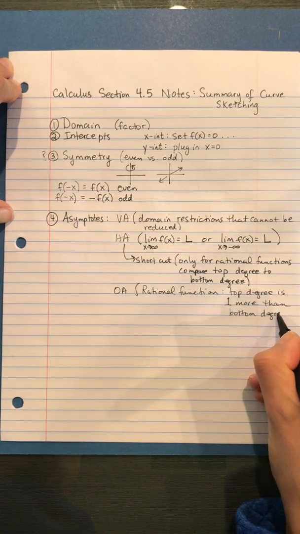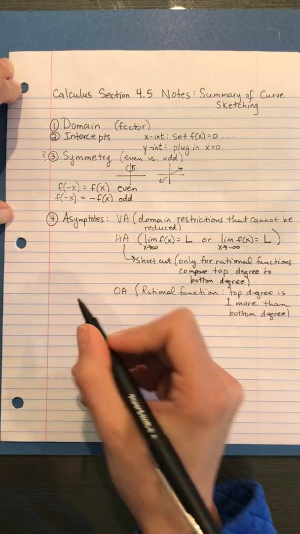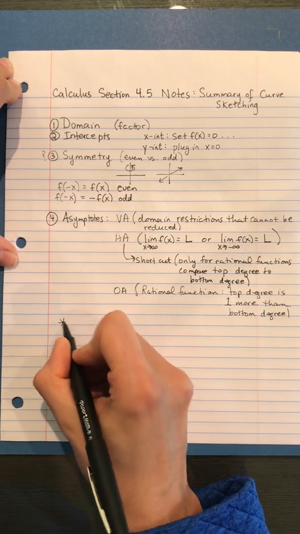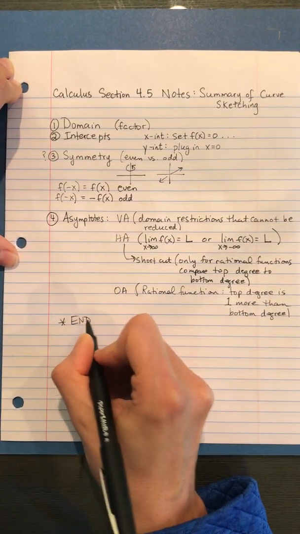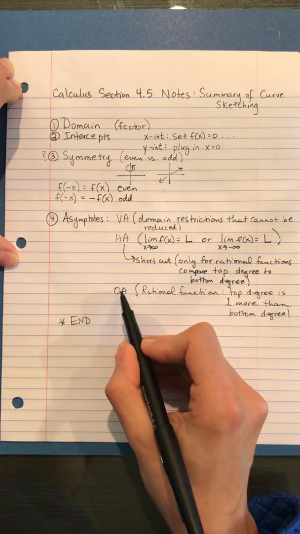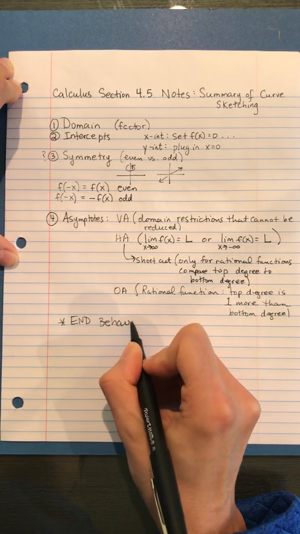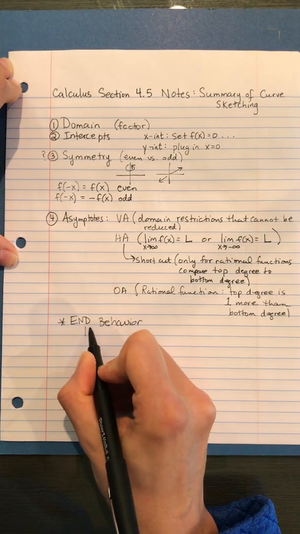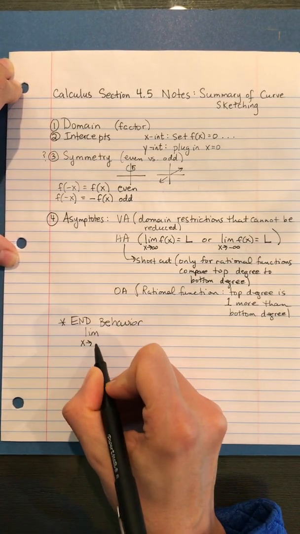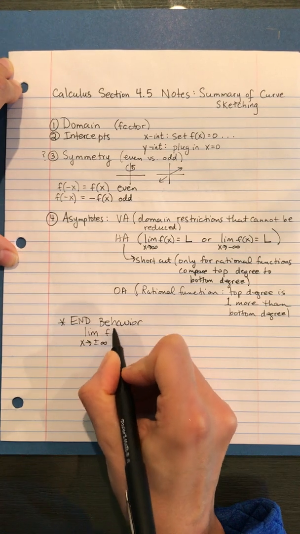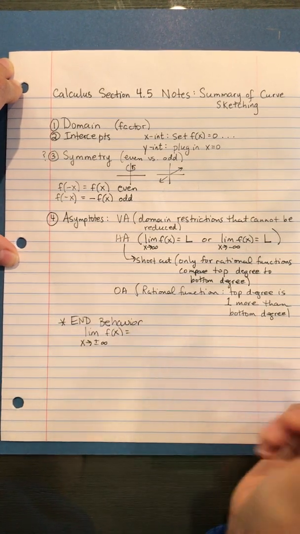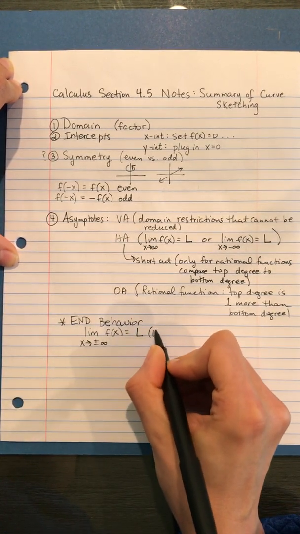And then we've got kind of under asymptotes, I'm going to add end behavior. Horizontal asymptote, oblique asymptote, those are end behaviors. So end behavior is again a limit as x approaches positive or negative infinity. And when you do that, if you get a number, that's a horizontal asymptote.